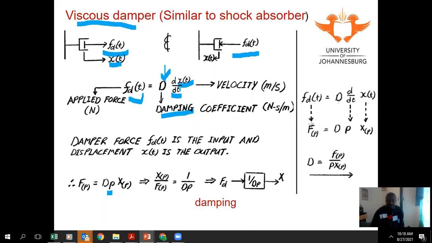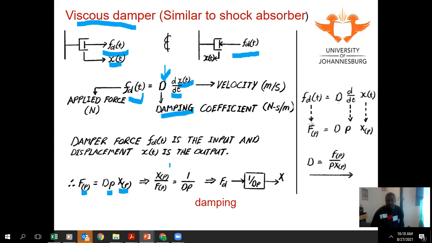In this case, the first derivative is replaced by the letter p, showing that we took a derivative of a displacement with respect to time. So going from time domain to p domain, a constant does not change. The derivative, we show it by p.